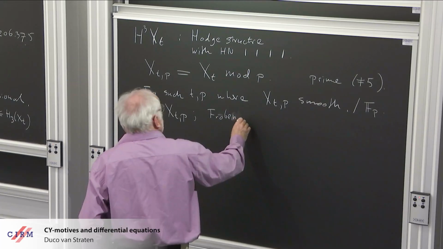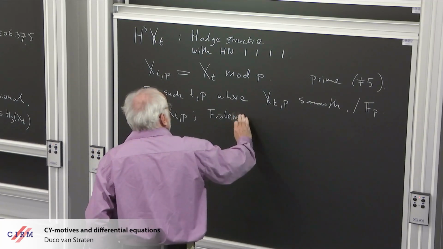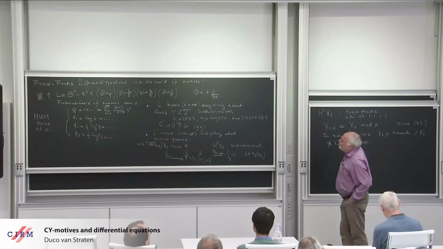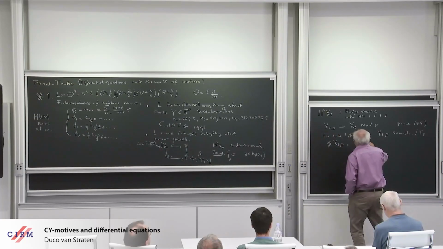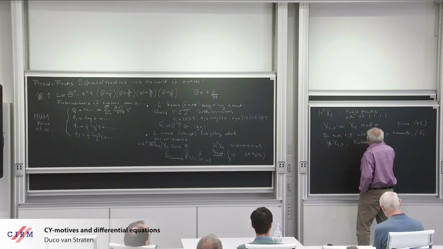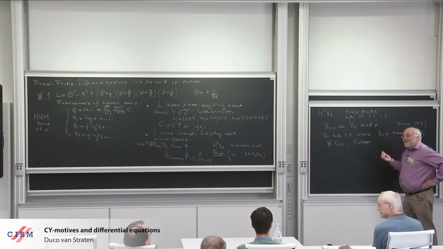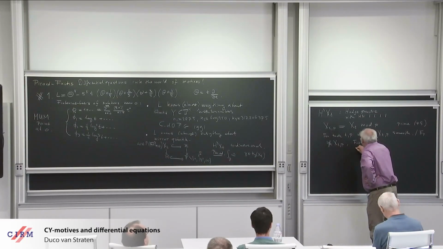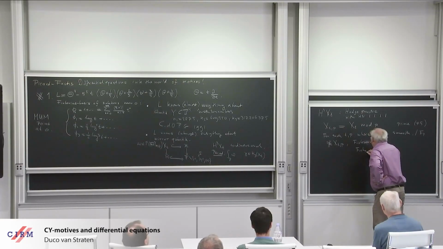The Frobenius endomorphism on the cohomology, so there's the Frobenius at the prime p, and also at the value t.